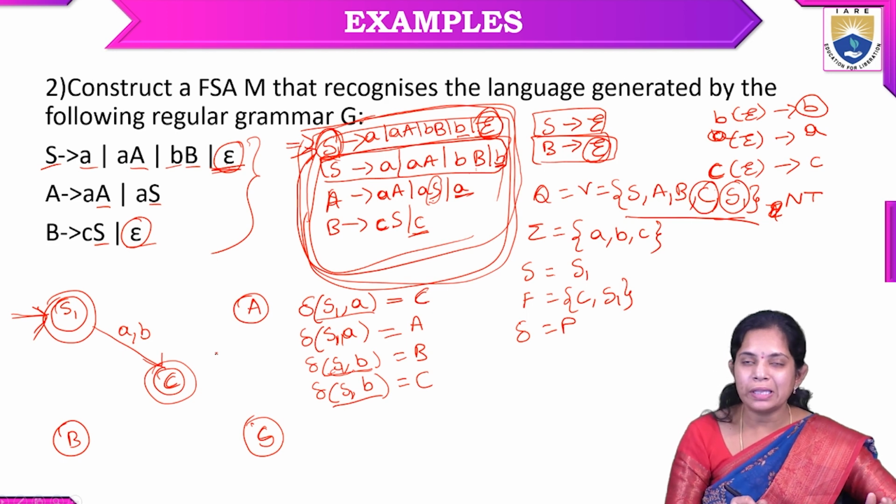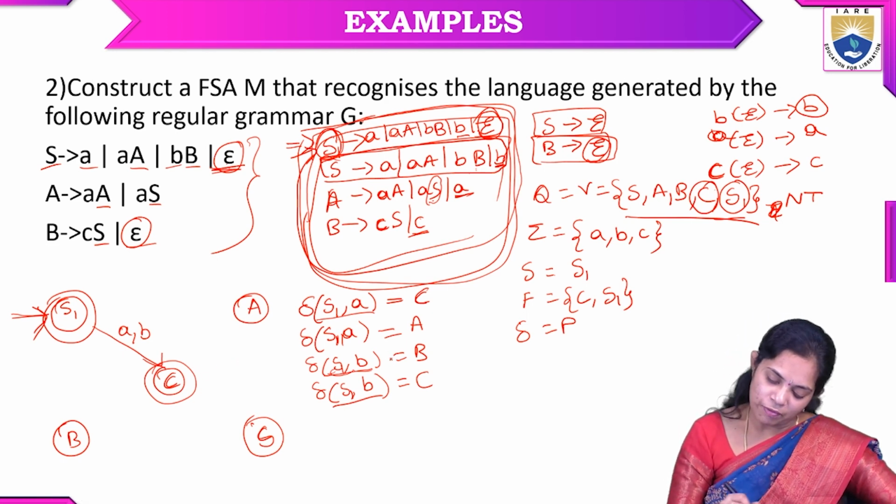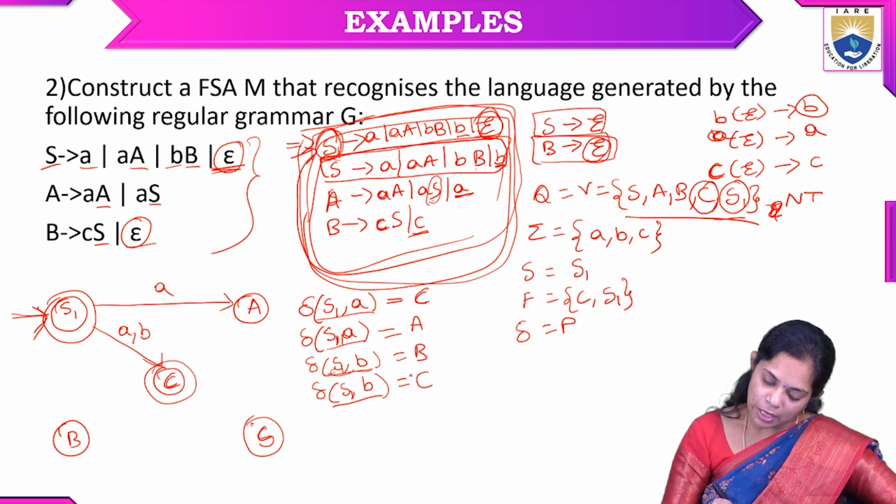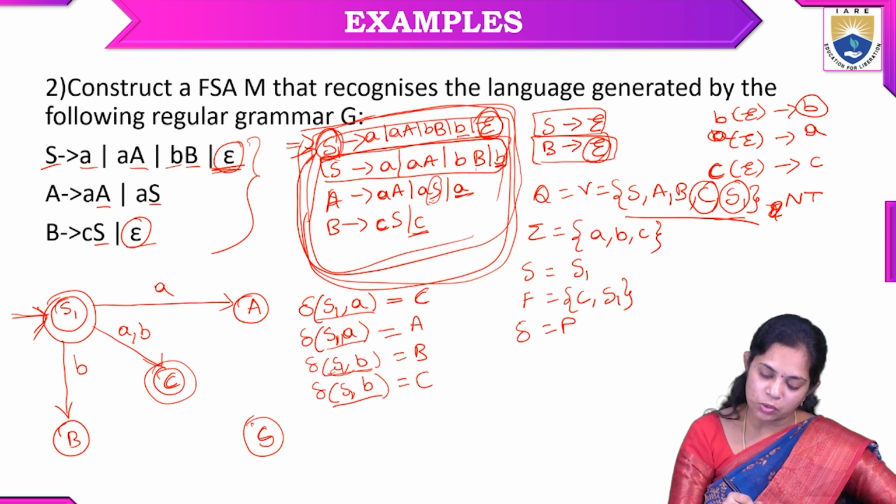When we give A or B as input, it is reaching the final state. And again, whenever we give A as an input from S1, it is reaching the final state, and whenever we give B as an input symbol, it is reaching the state B. So these are the four production rules, which are converted to the transition function.